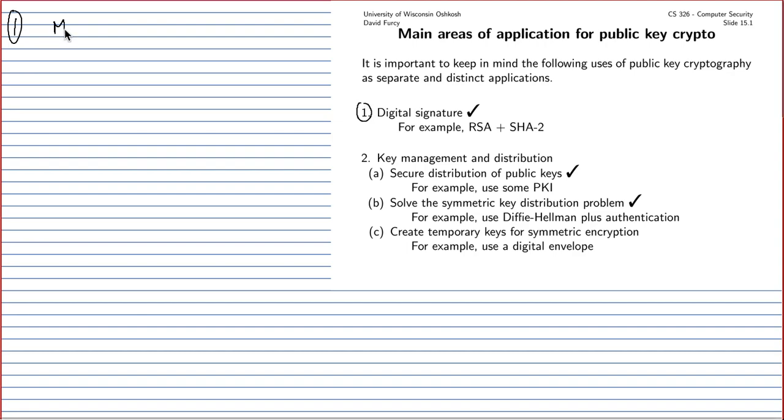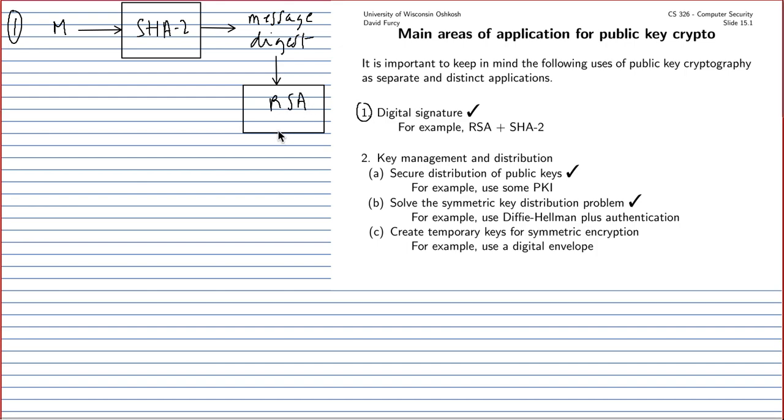So starting with a message M, we're going to pass it through a cryptographically secure hash function, say SHA-2 or SHA-3, and this will produce a message digest, a hash code, that we're going to then feed to a public key crypto system or encryption algorithm, for example, RSA.